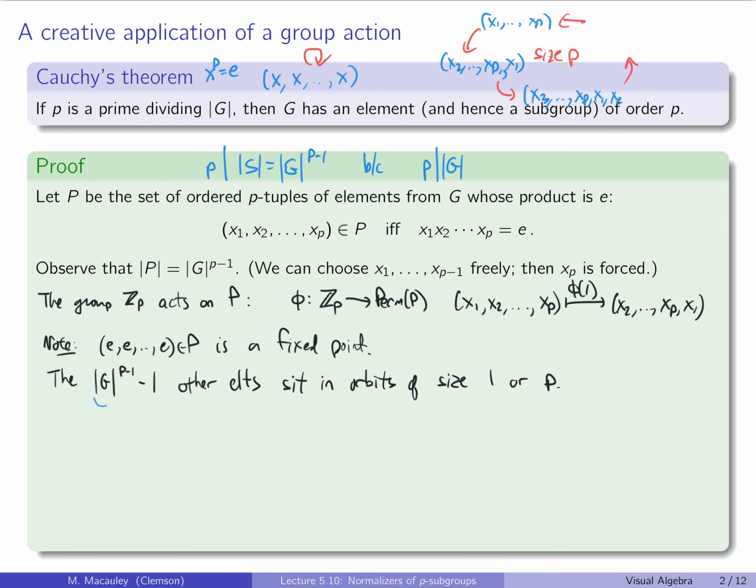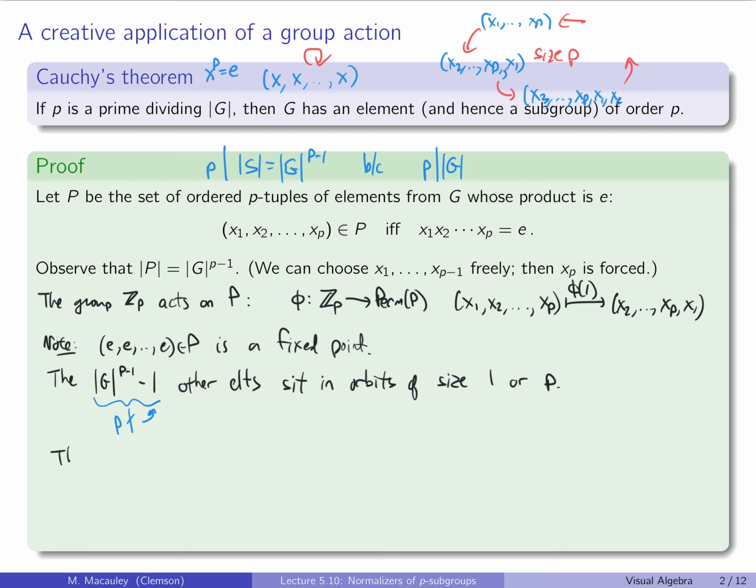But now this number p does not divide that, because without this thing here is a multiple of p, and if we subtract 1 from it, of course that's not a multiple of p because that's a consecutive number. So what this means is we can't just have orbits of size p and get this number in total because that's not a multiple of p.